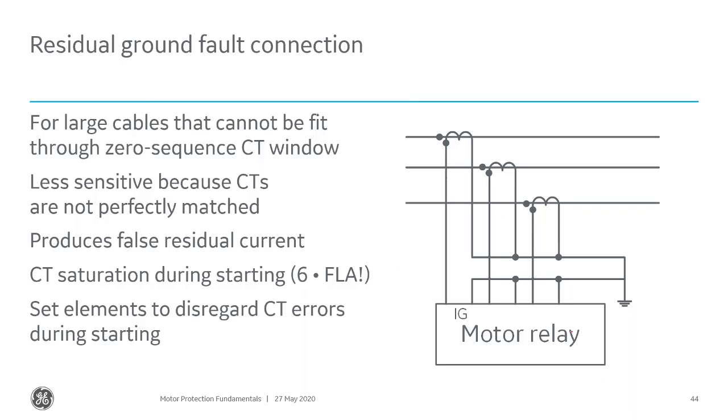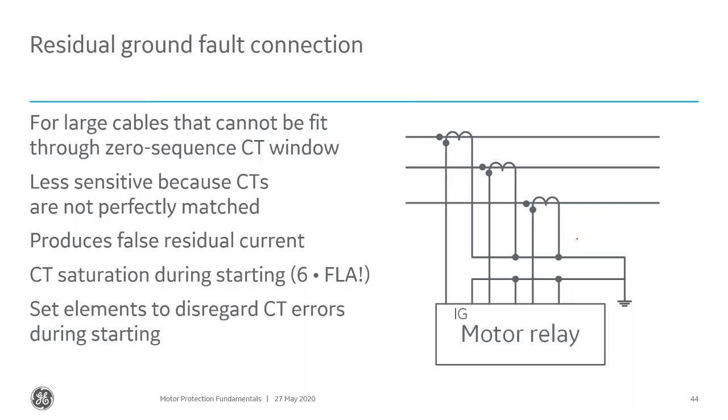So for that reason, this sort of ground protection isn't really appropriate for an impedance grounded system or high impedance grounded system. Now, there are some impedance grounded systems that limit fault current to 1,000, 2,000 amps.